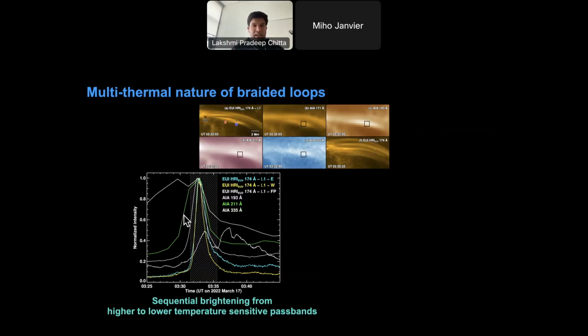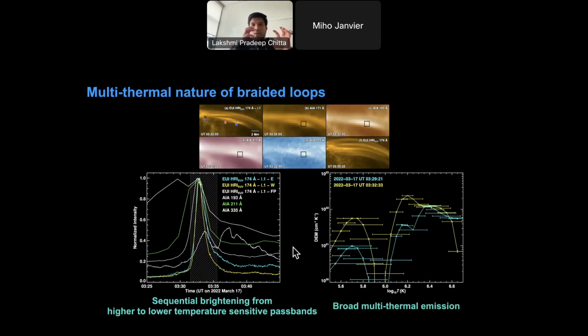Then we see the brightening in the 211 angstrom channel, and then 193, and then finally into the Solar Orbiter's EUI HRI image. So what this means is that in the corona, when there is a magnetic reconnection, we not only have heating at a given temperature, but the plasma has a very broad thermal response to that. And that's what we can derive using some techniques.